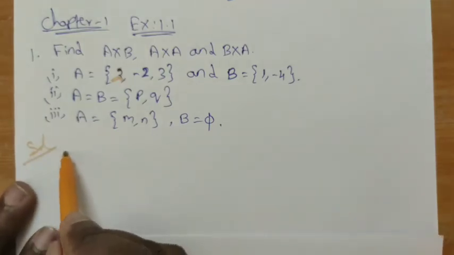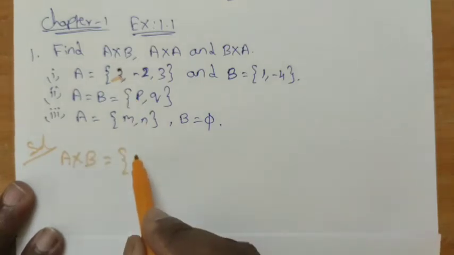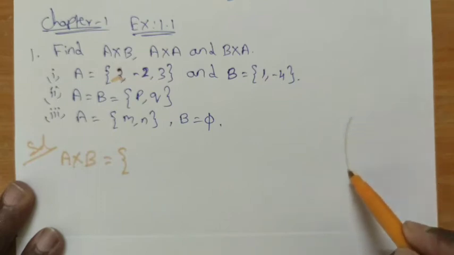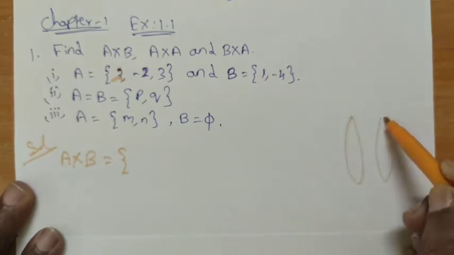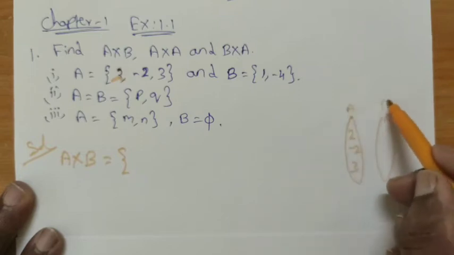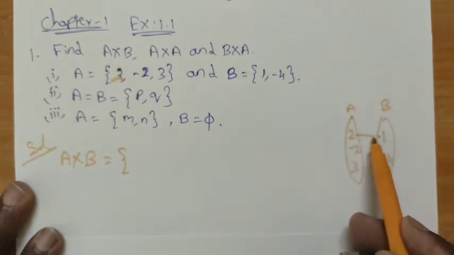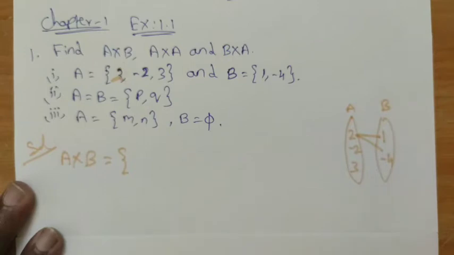Suppose it is A Cartesian product B. What are the sets? Let me draw like this; it is very useful to write the sets easily. Set A is 2, minus 2, 3. The set B is 1 and minus 4. Now the Cartesian product means each element of the first set is mapped with each element of the second set, right?